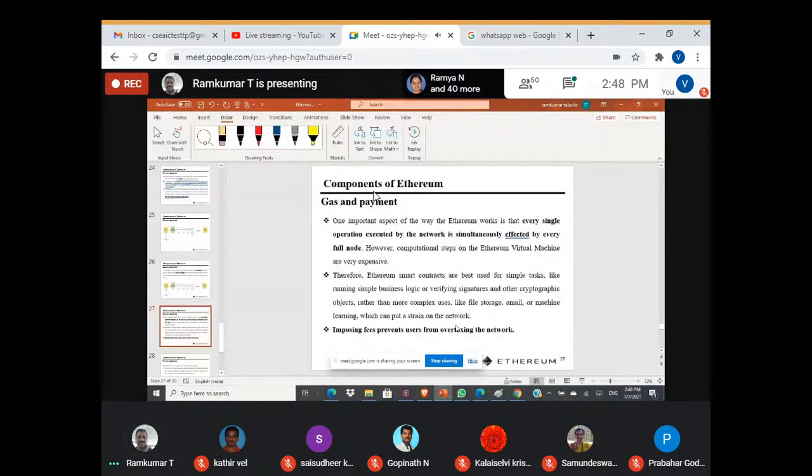Now, what is the requirement of gas and payments? Why do we have to pay? There are two aspects. One is, if I'm not having any fees, think about Gmail: we have 5 GB of free storage for every Gmail account.